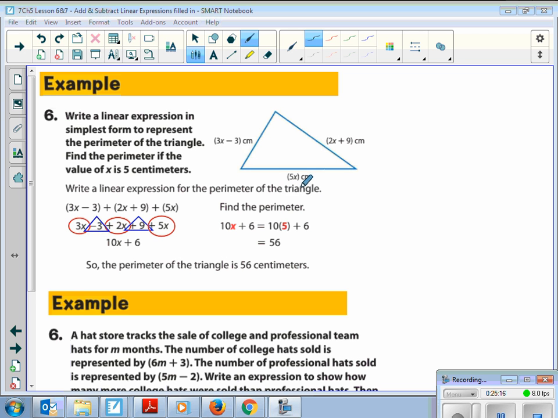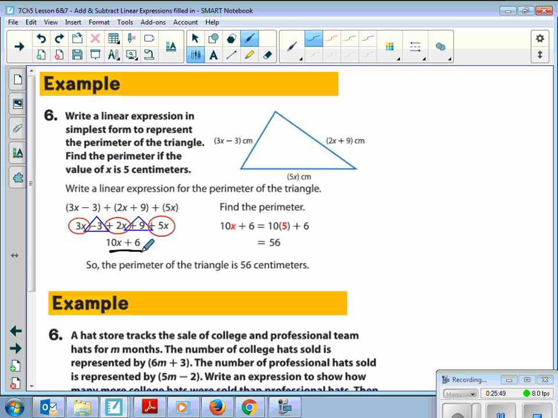You got that? Okay, so here's what it looks like when you write it out with parentheses. Now, they all have a positive 1 in front of the parentheses, right? So I can just take the parentheses away. Once I do that, I can combine my like terms. So 3x plus 2x is 5x, plus 5x is 10x, and then negative 3 plus a positive 9 is a positive 6.